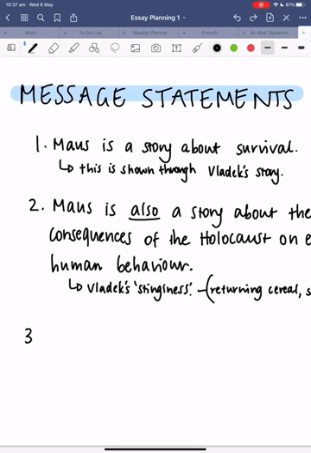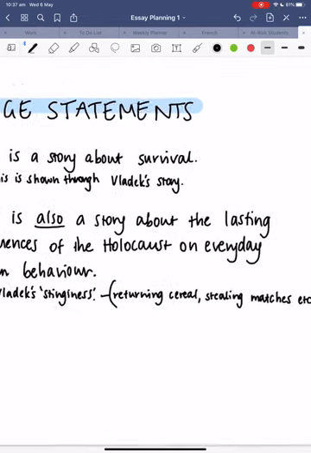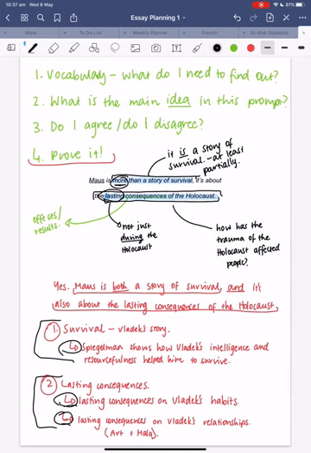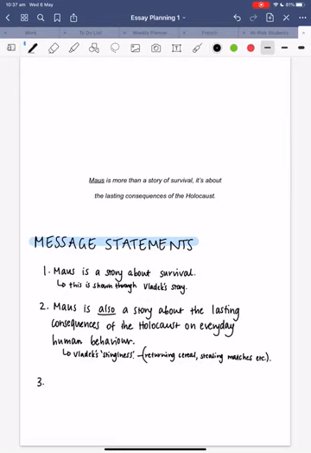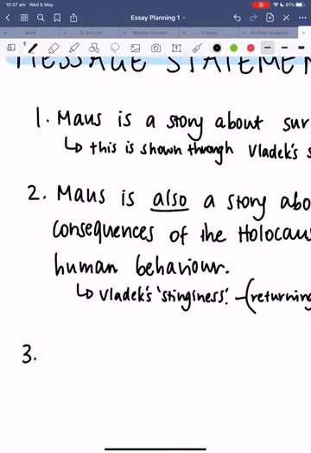All right, third message statement. If we go back to here, we're looking at the lasting consequences of Vladek's relationships. So let's turn that into a message statement.